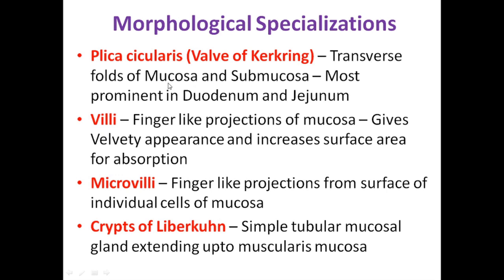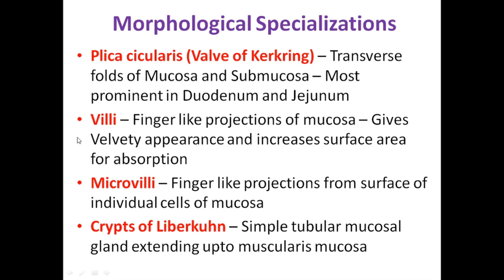First of all, the mucosa and the submucosa form transverse folds towards the lumen of the individual structure, that is either duodenum, ileum, or whatever is there. These transverse folds are more prominent in duodenum and in jejunum, and they are called the plica circularis or valve of Kerckring.